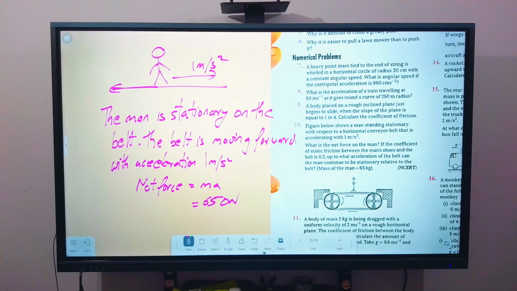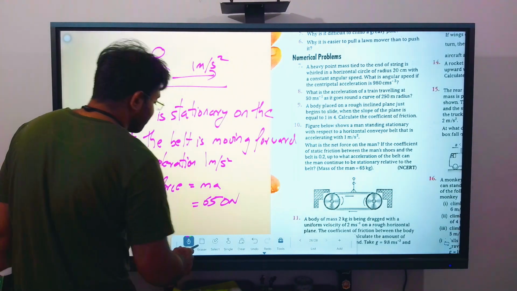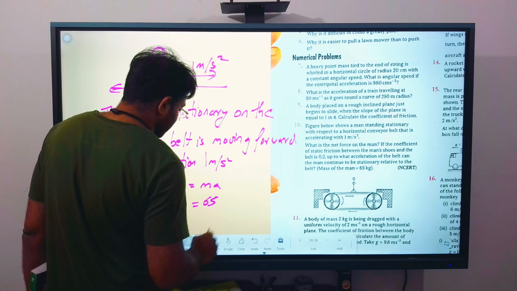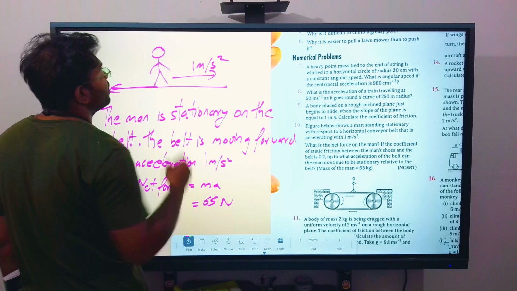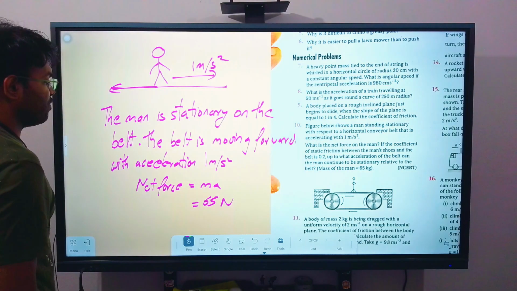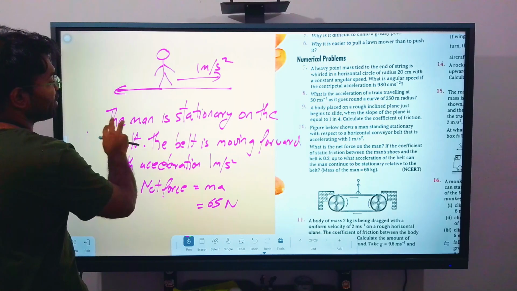The mass of the man is 65 kg. Oh, sorry. 65 newtons. A is 1 meter per second squared. I thought 650, never mind.